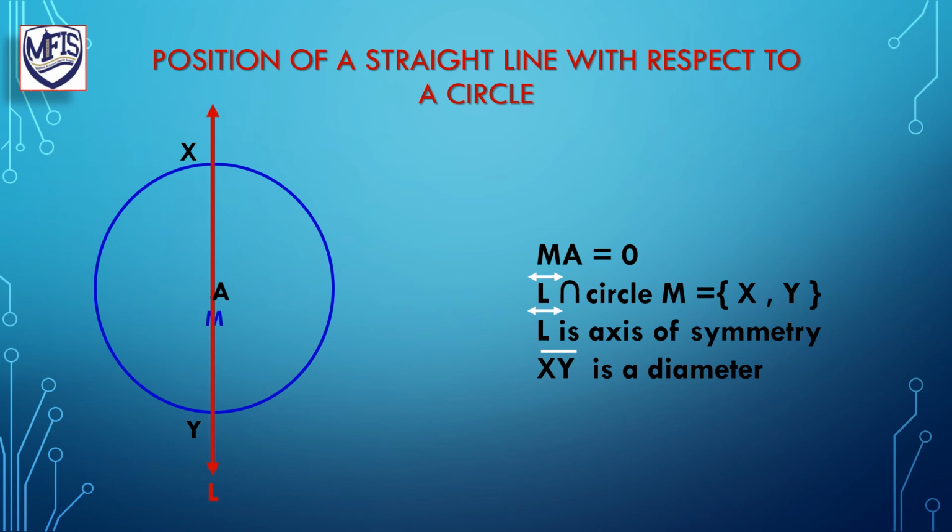The third position, if MA less than R, therefore this straight line is called secant of the circle and intersects the circle at 2 points. And the last position, if MA equals 0, therefore the straight line is axis of symmetry of this circle.